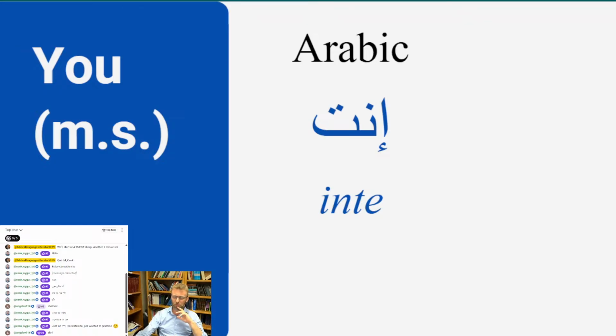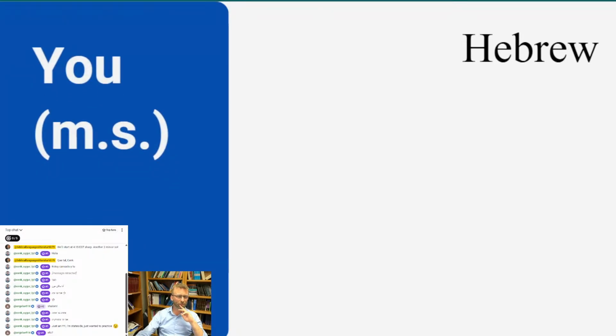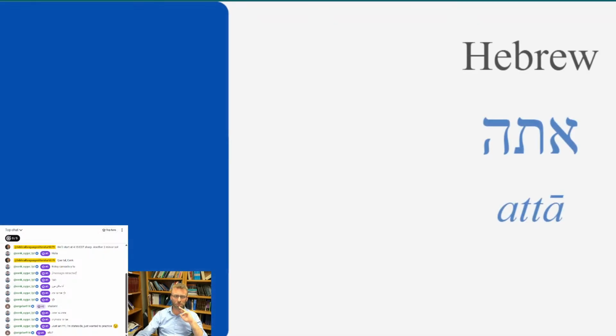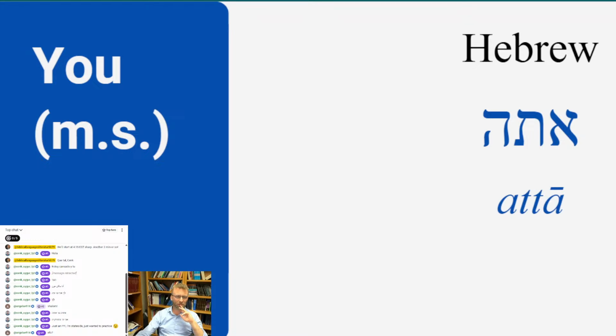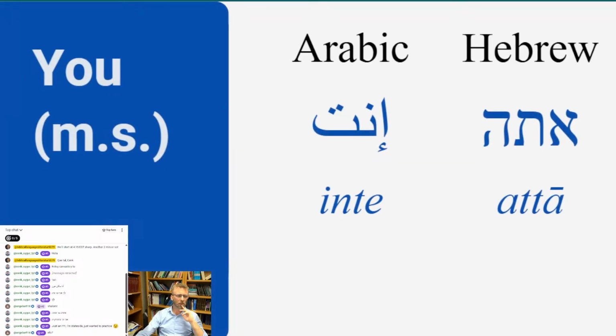And then in Hebrew, a similar form, ata. That's you in the masculine singular in Hebrew. And so inta in Arabic, and this is Levantine Arabic. We're not doing Quranic Arabic here. Very similar in many ways, but this is not what we're doing. Okay, inta and ata in modern Hebrew.